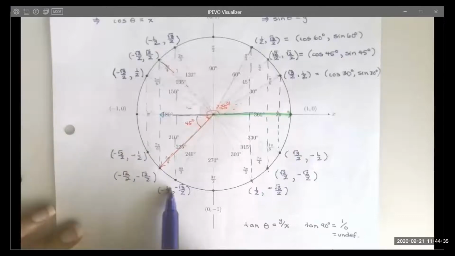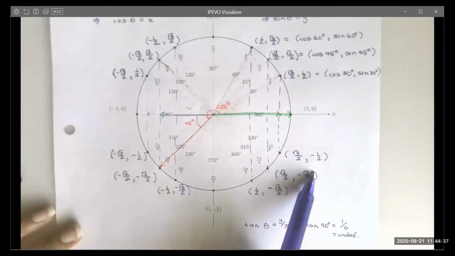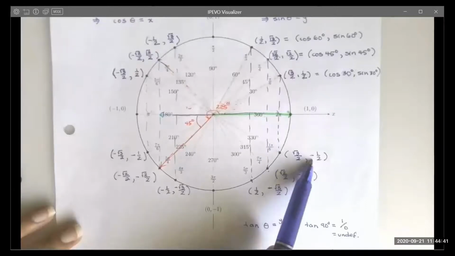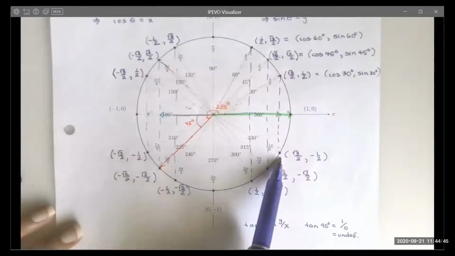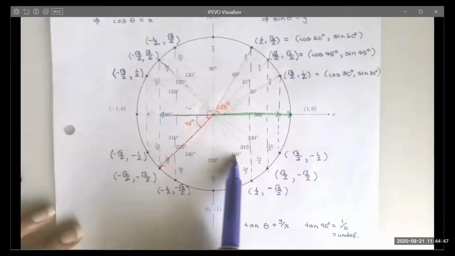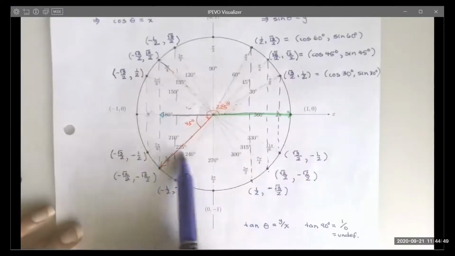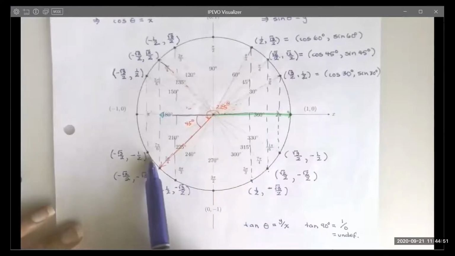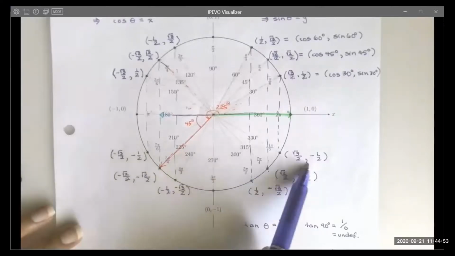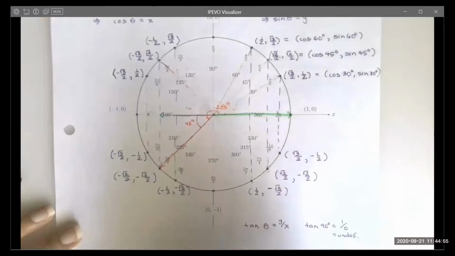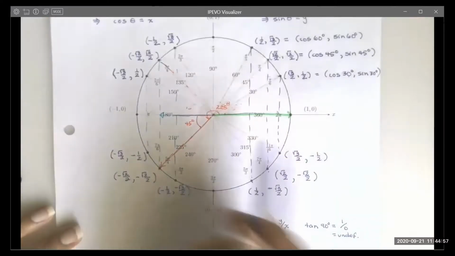Let's see. So we get to 330, right? 330 has a y value of negative 1/2. And that makes sense because it's reflecting right over from 210 across the y-axis. So that means that they're going to have the same distance from the x-axis, or negative 1/2. So our two angles are 210 and 330 then.